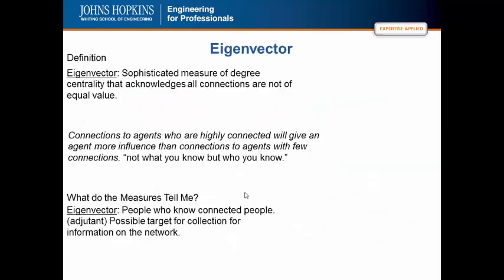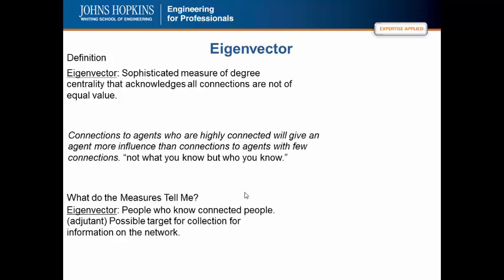We have not discussed eigenvector centrality. Eigenvector centrality is not a measure that we will calculate by hand. It involves understanding how to work with eigenvectors, which may be a level of mathematics beyond what is required for this course. What does eigenvector centrality tell us, however? It has two interpretations. One, it tells me agents who are highly connected to other highly connected individuals.